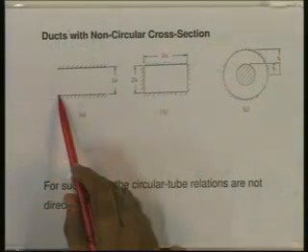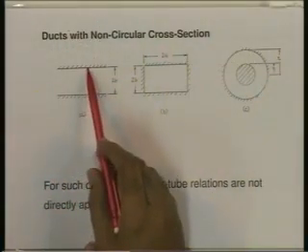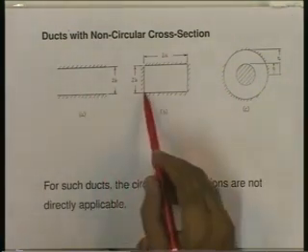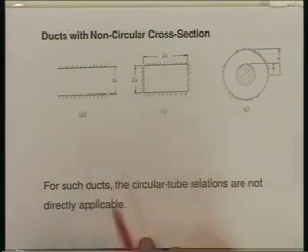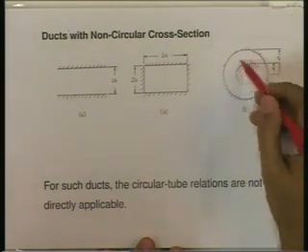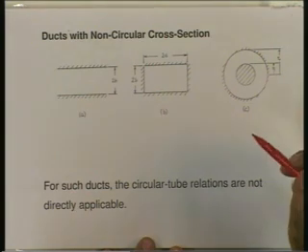We have now looked at circular ducts. In practice, in a large number of heat transfer situations, we use ducts with non-circular cross sections. We may have a rectangle so long that we may consider it to be a pair of parallel plates, or a rectangle of sides 2a by 2b, or a zone of flow bounded by two circles, an annular zone of flow.